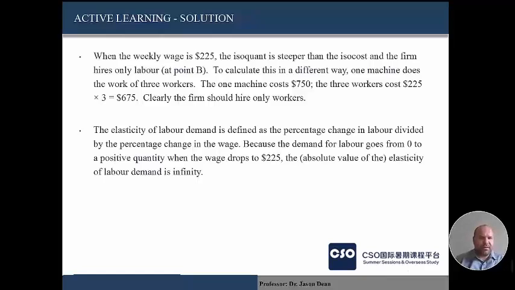So in terms of a percentage change, that would actually be infinite, because if you remember your percentage change formula, it would be 225 minus 0 divided by 0. Something divided by 0 we say is infinite.